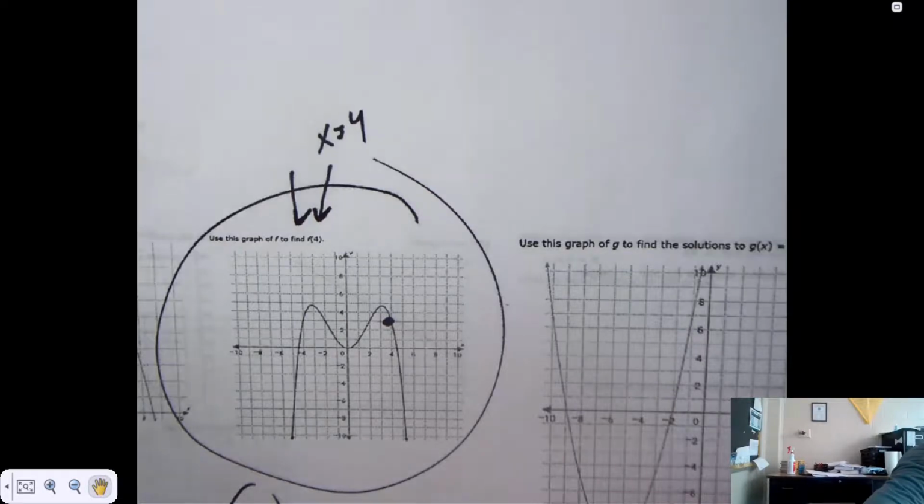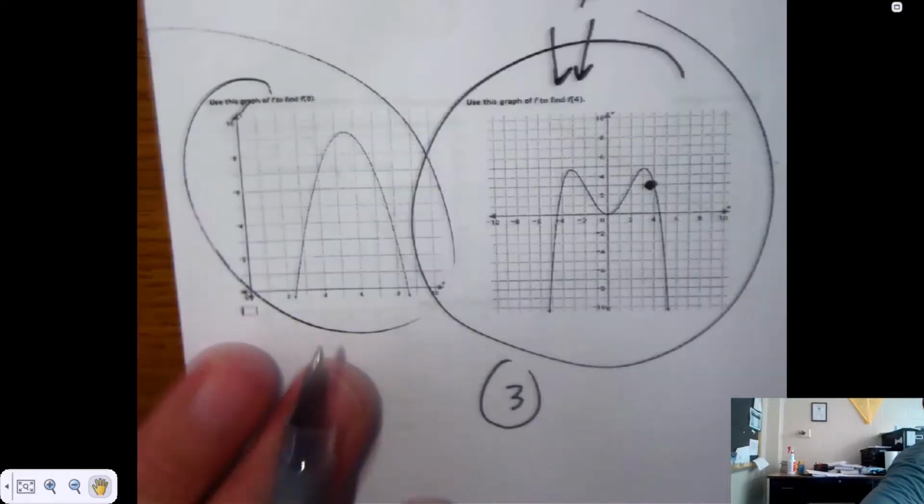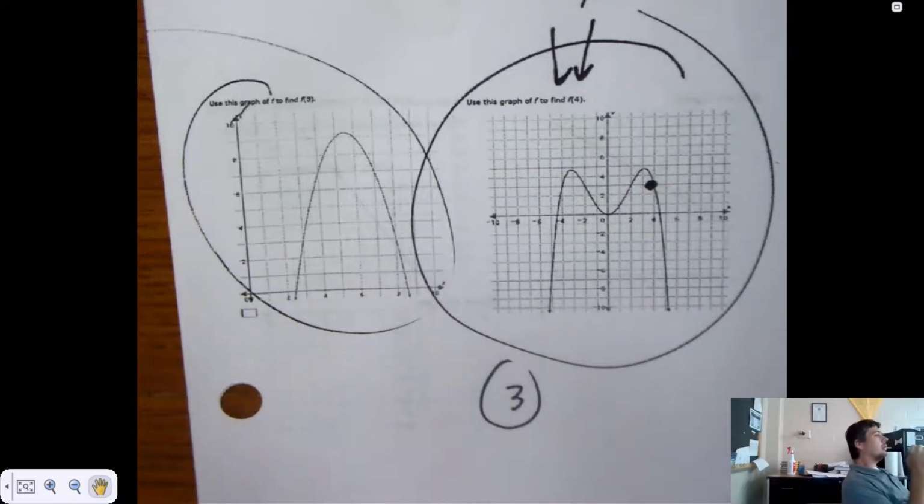Well, because we had a question. Why don't you guys do the one right next to it real quick? The upside down parabola. What is that? That is f of 3.